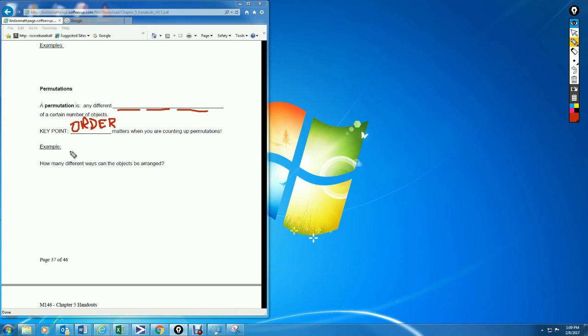So for example, let's say I have a group of 3 letters, A, B, and C. The question is, how many different ways can I arrange those 3 objects? Well, let's just list them. We can start with ABC. I can keep the A and then switch these, so I'll have ACB. Now let's put the B first, and then I would have A and C. I can keep the B here and then do CA.